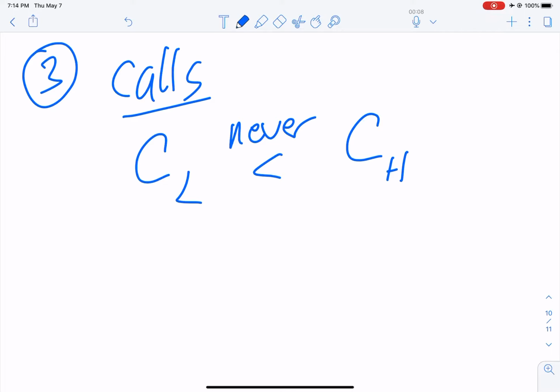Just so you understand, the price of the lower strike call could equal the price of the higher strike call, and that will only be true when the value is zero, very, very close to the end of the option's life for calls that are out of the money.